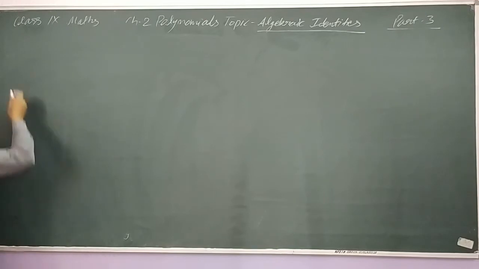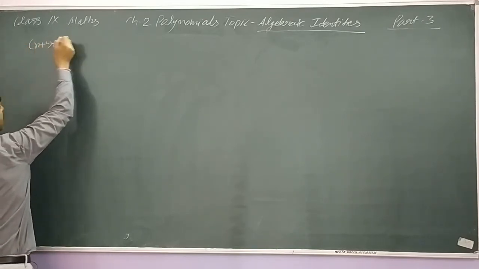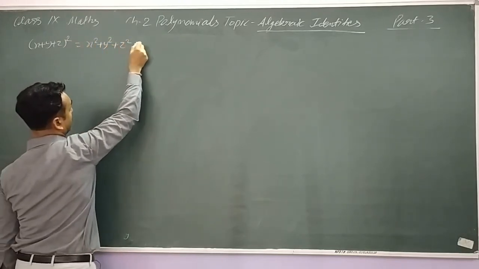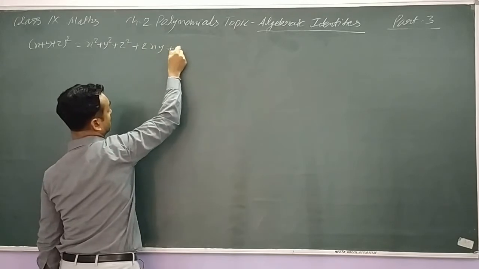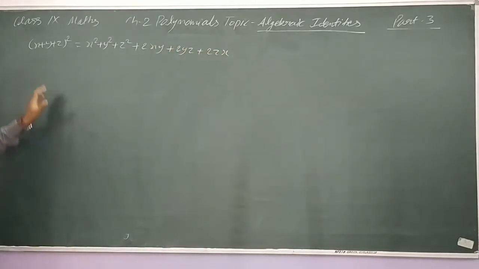Square identities. (x + y + z) whole square is equal to x square plus y square plus z square plus 2xy plus 2yz plus 2zx. Three variables whole square: x square plus y square plus z square plus 2xy plus 2yz plus 2zx.